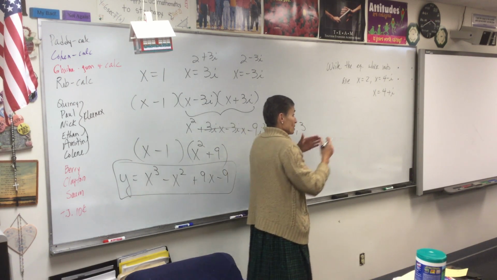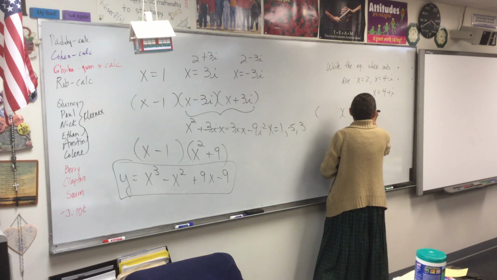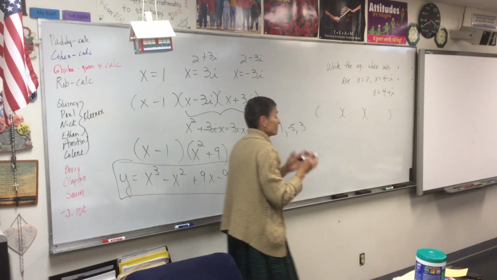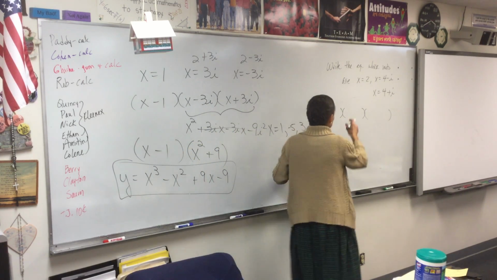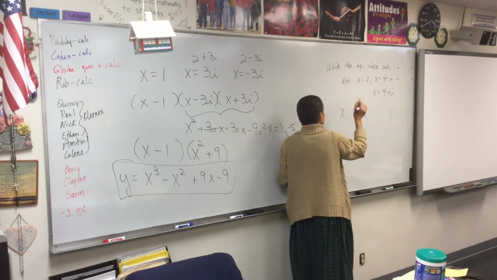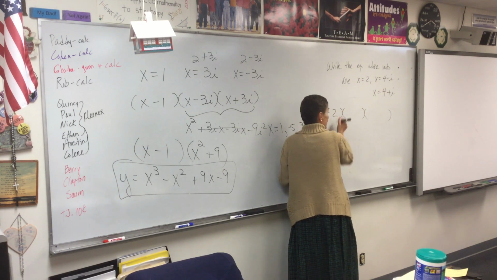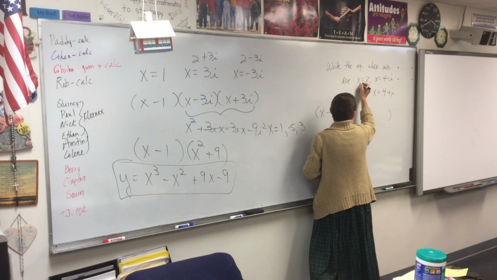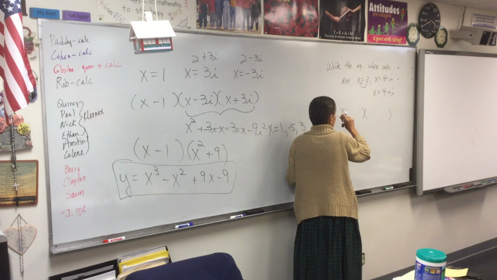Now, working backwards, you have to build the factors. Kids always want to just multiply those together. You can't do that. You have to multiply the factors together. So a root of 2 means you had a factor of x minus 2. You brought it over, so it was on the same side, x minus 2.